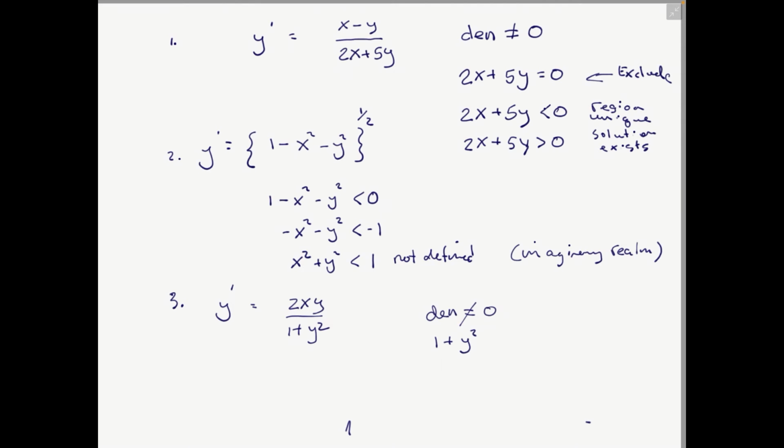In fact, it's always positive. It's always greater than 0. So the realm in which there is a unique solution is the entire xy plane. So this is defined everywhere, the whole plane.